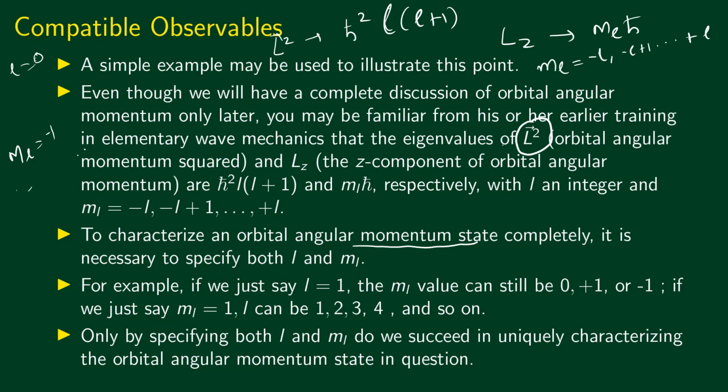We provide the eigenvalues of L square and Lz, and that specifies the state completely. Only by specifying both L and ML do we succeed in uniquely characterizing the orbital angular momentum state in question.